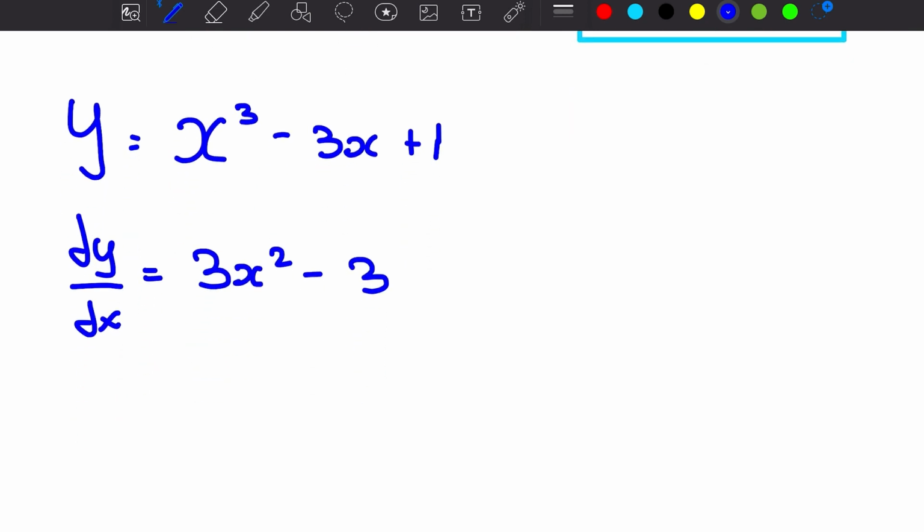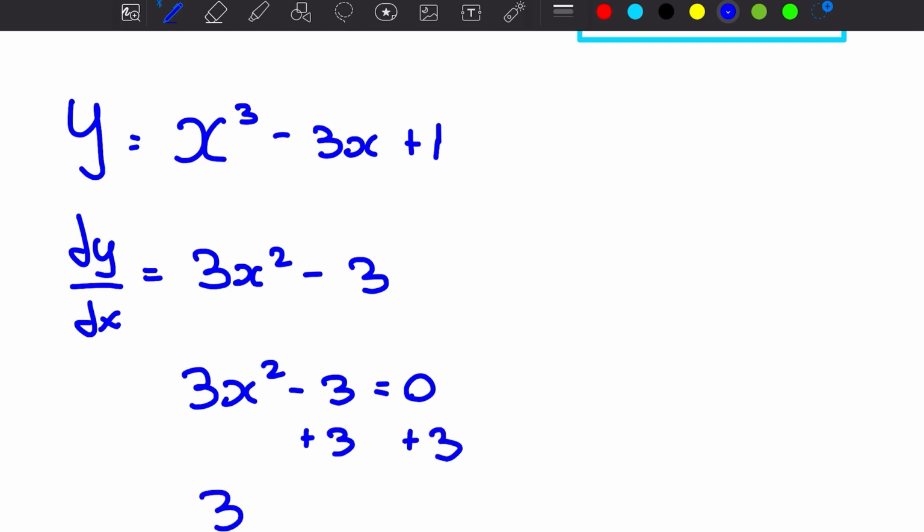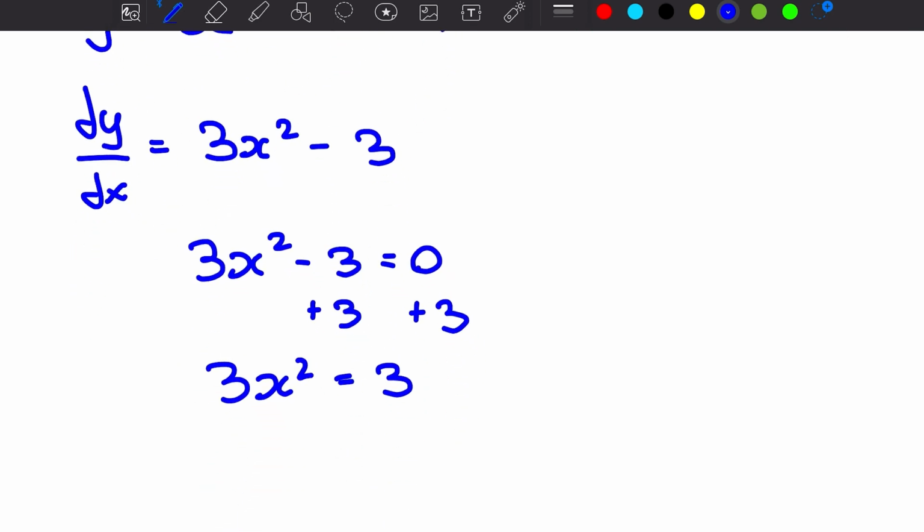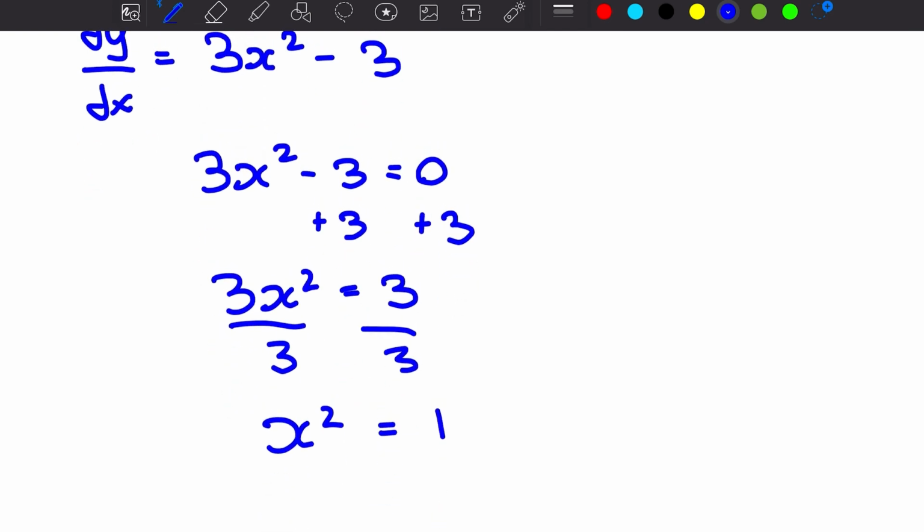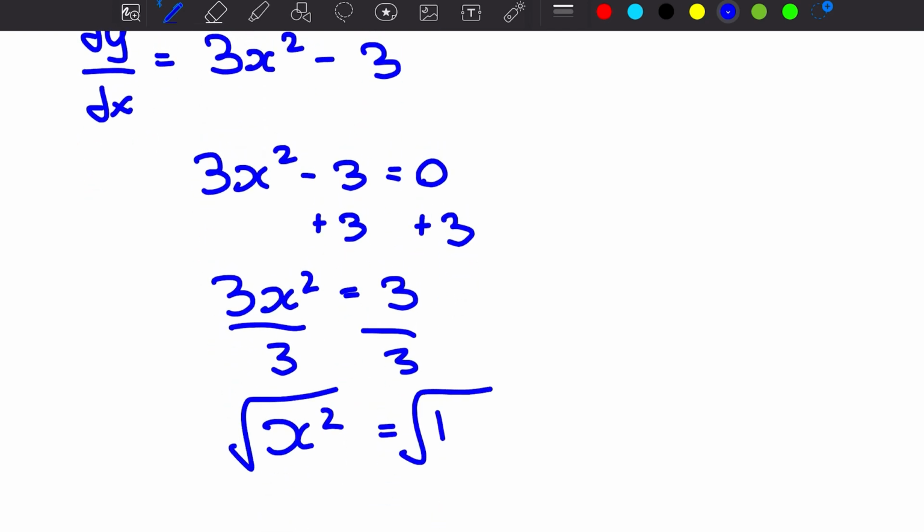We set it equal to 0, so 3x squared minus 3 equals 0. Adding 3, 3x squared equals 3, and dividing by 3, x squared equals 1. Square rooting both sides, x is equal to plus or minus 1.